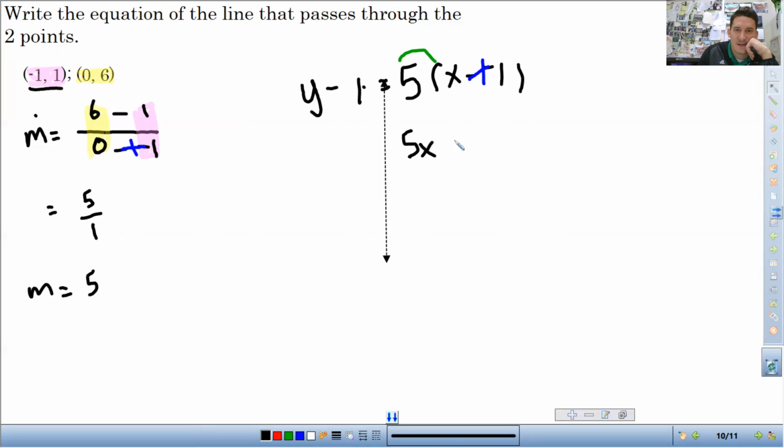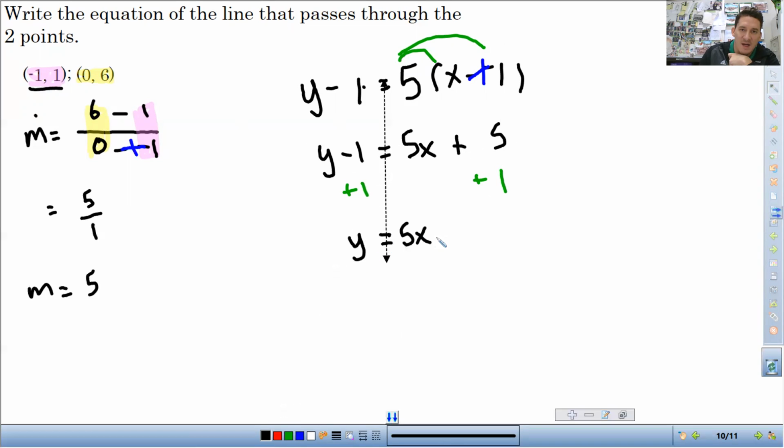It's 5x plus 5 times 1 is 5. So y minus 1 is equal to 5x plus 5. And then you're going to add 1 to both sides. y is equal to 5x plus 6.